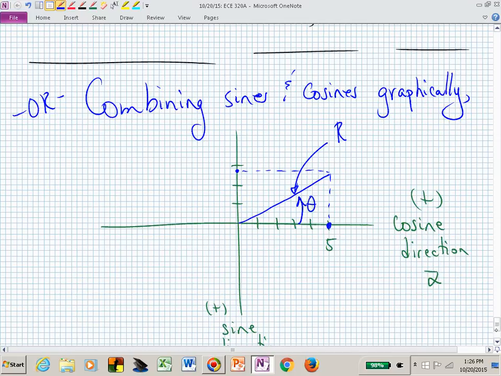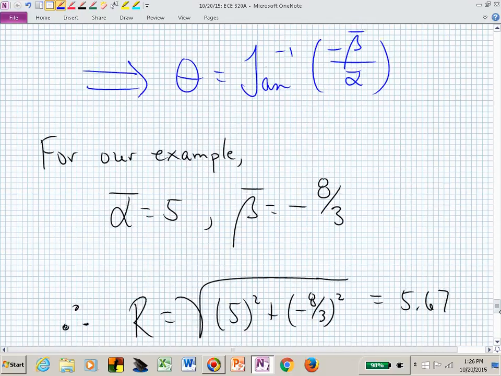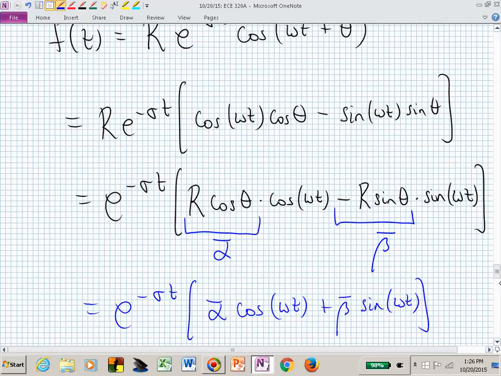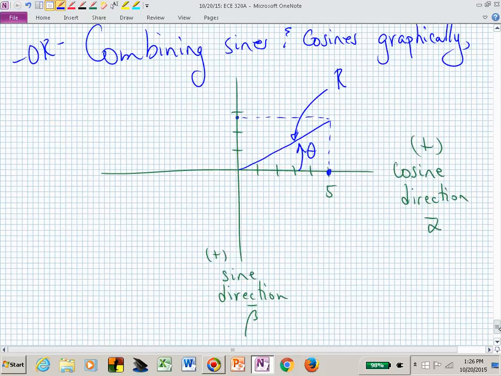And you could get the same numbers, r and theta. You don't have to do any of this anymore, unless you want to. Now you know the relationship.